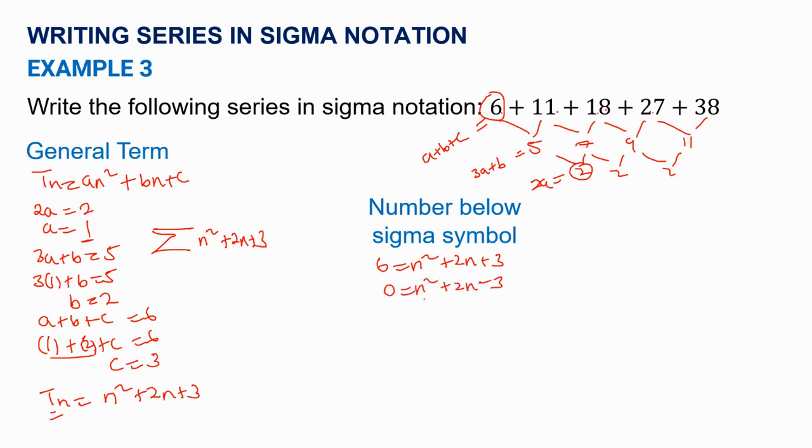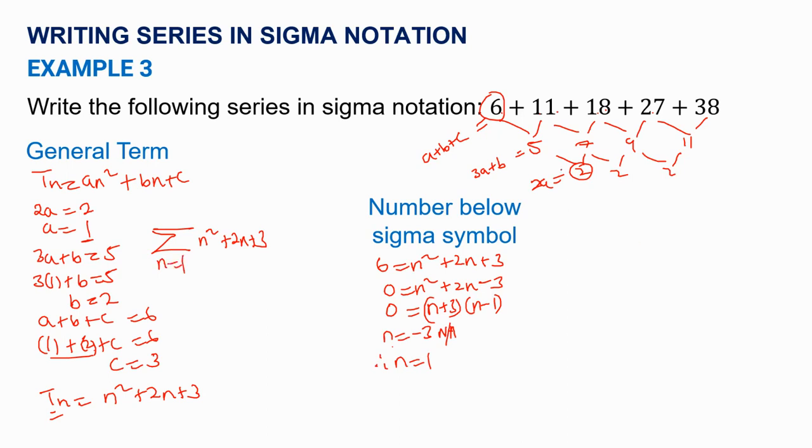Let's factorize this. 0 is equal to (n plus 3)(n minus 1). So n is equal to negative 3, which is not applicable. n must be a natural number. So therefore, n is equal to 1.